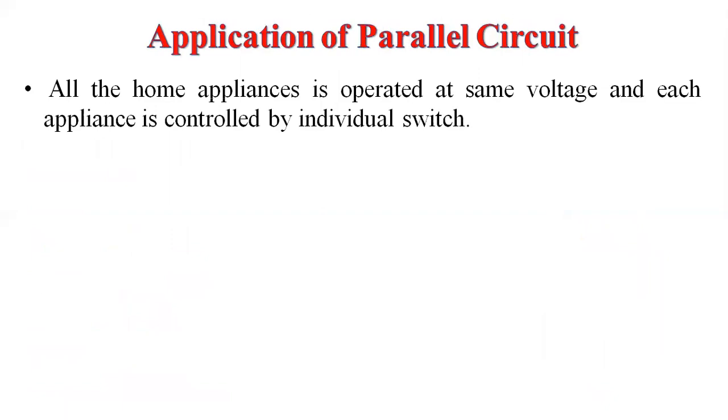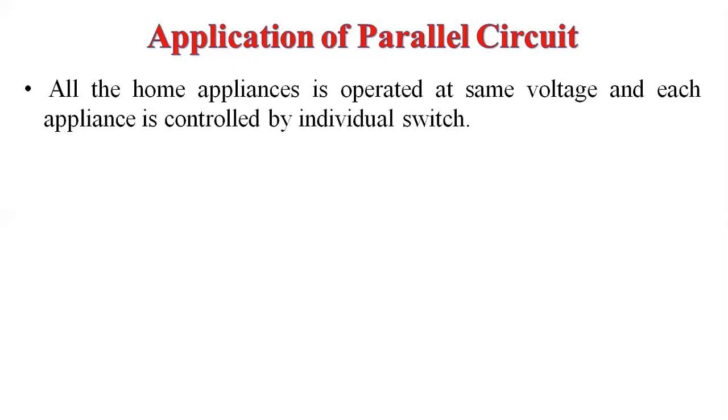So what is the application of parallel circuit? In a parallel circuit, all home appliances operate at the same voltage and each appliance is controlled by an individual switch. Our home appliances, whether it is a bulb, fan or tube light, are always connected in parallel, where each appliance is controlled by an individual switch.